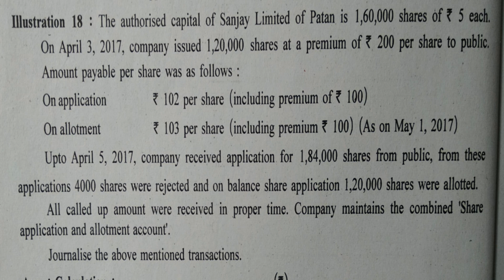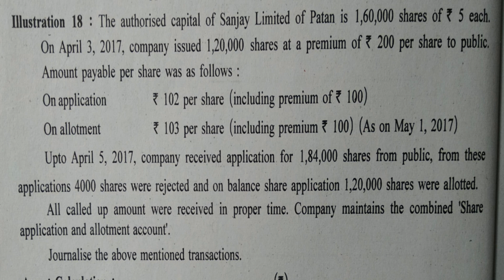Out of 64,000, only 4,000 applications were rejected, and on balance 1,20,000 shares were allotted. That means pro rata allotment. All called up amounts were received in proper time, and the company maintains the combined share application and allotment account. 102 is with application, 103 with allotment.